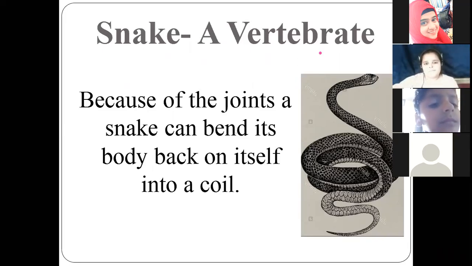Okay. ये अपनी पूरी बॉडी को आराम से एक coil shape में बना सकता है, लेके जा सकता है. You can see this in the picture. Why? Because so many joints are present. Joints होते हैं ना बहुत सारे मौजूद, इस वजह से. One single bone तो होती नहीं है. There are a lot of joints. So ये कहीं पे भी अपनी बॉडी को फोल्ड कर सकता है flexibly. All right.